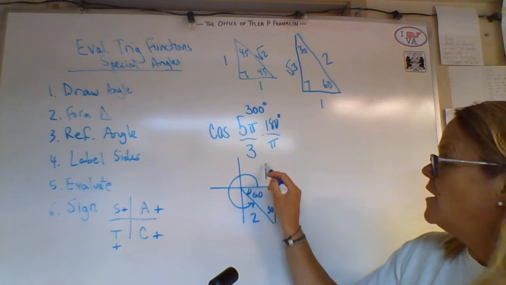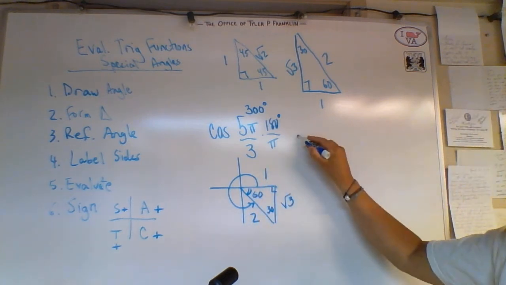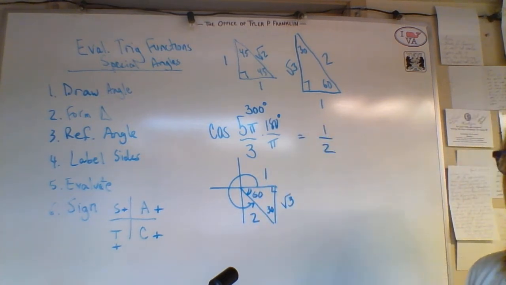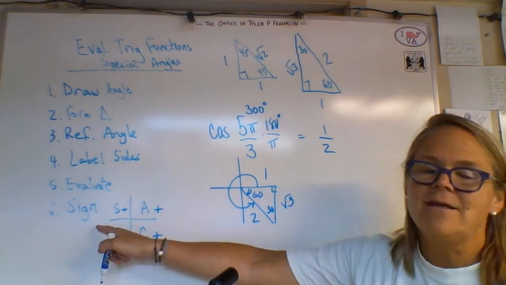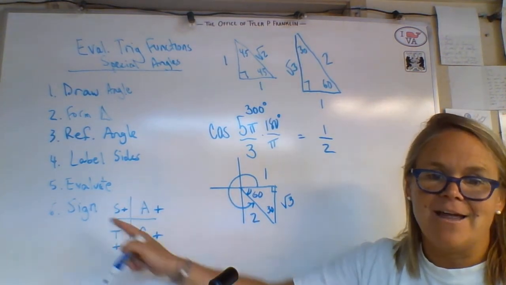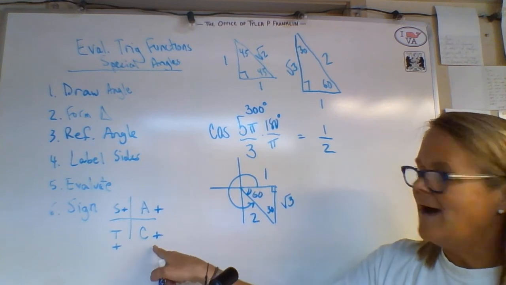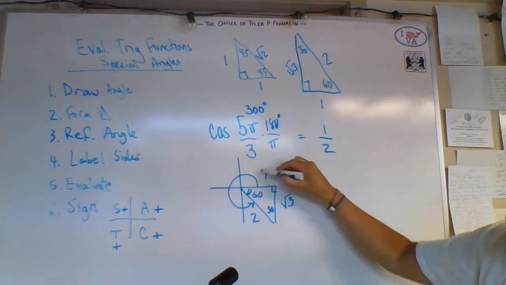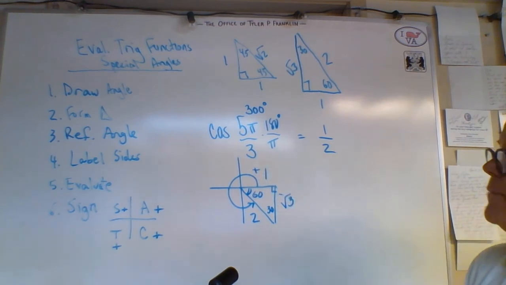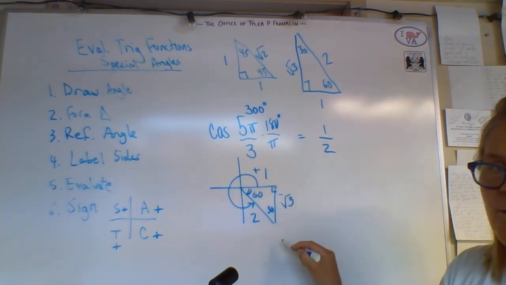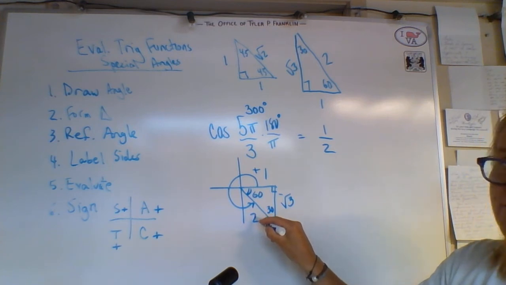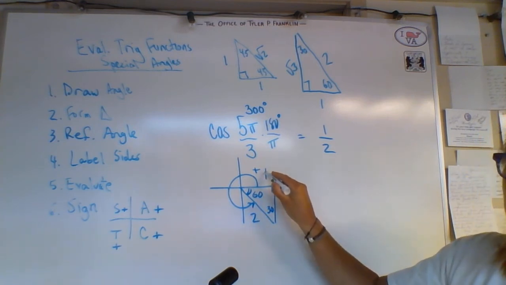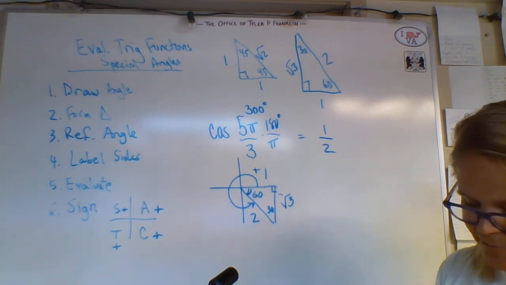Cosine is adjacent over hypotenuse, 1 over 2. Figure out the sign. Fourth quadrant, I did cosine, means it's positive. Again, if I wanted to label it, I went right, I went down. That's always positive. You would use a positive 1 over 2.